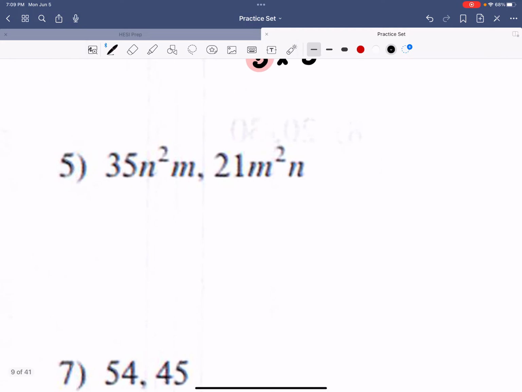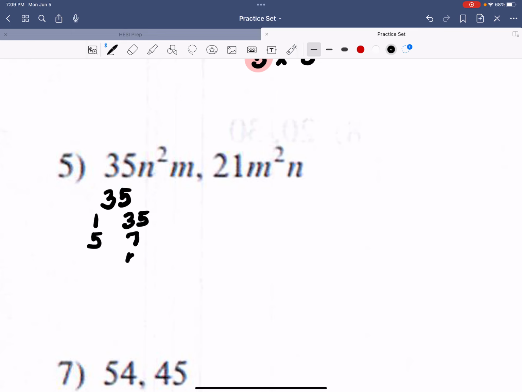Okay, this one looks scary as all get out, but it's not, I promise you. Let's go slowly. 35. We have 1 and 35. 3 won't work, 4 won't work, but we have 5 and 7.